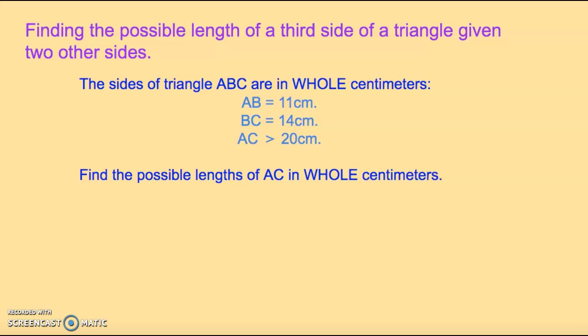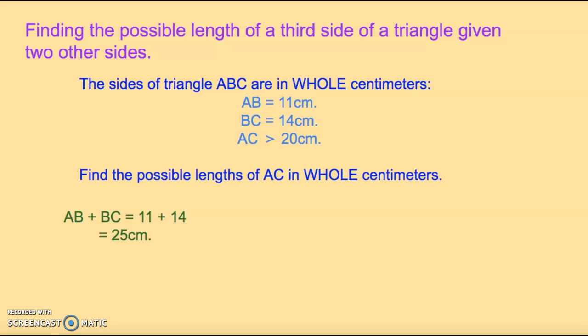We are given that AB is equal to 11 centimeters and side BC is equal to 14 centimeters. However, look at side AC. We are being told that AC is greater than 20 centimeters. Now we're asked to find the possible lengths of AC in whole centimeters.